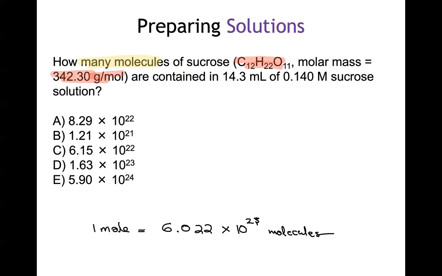Well, if we ultimately are looking for the number of molecules, then we'll need to know how many moles we have, right? So how can we go from volume and concentration into moles? And do we need to use the molecular weight?